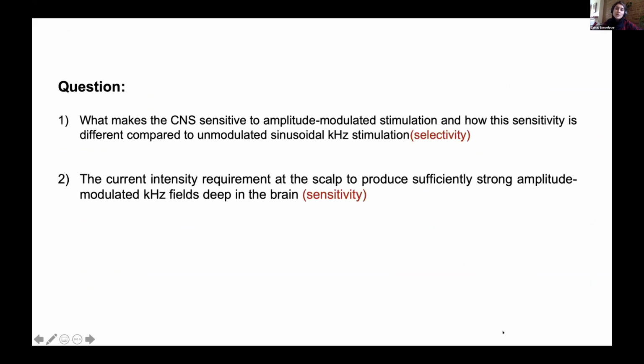And also, knowing that the amplitude modulation has a high frequency component in it, how much intensity do we need to use on the scalp in order to produce the electric field that can significantly modulate oscillations in the deep brain regions, which brings the idea of sensitivity, how sensitive the network is and how selective it can be.